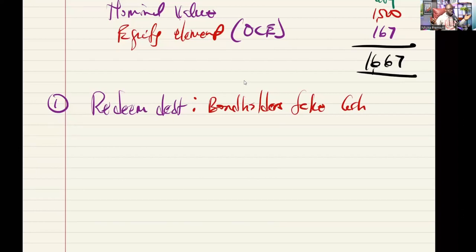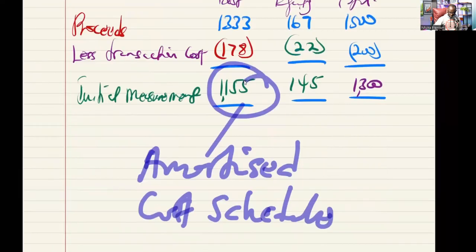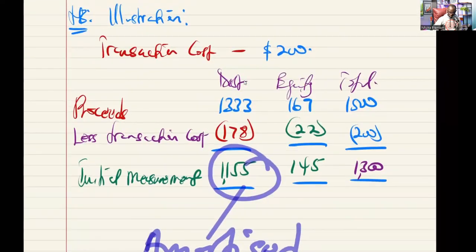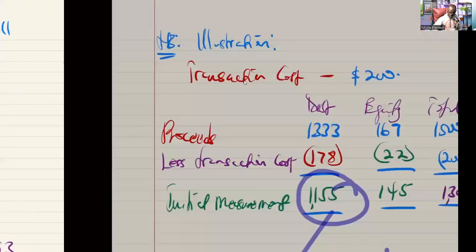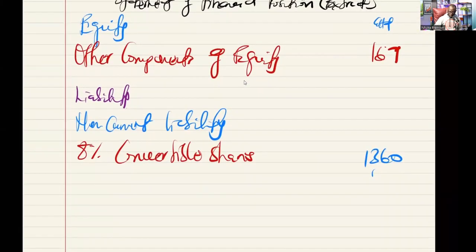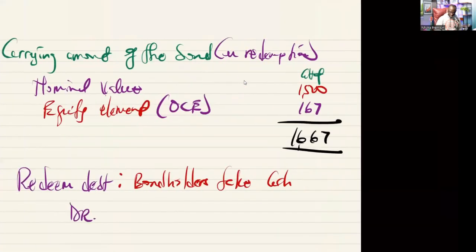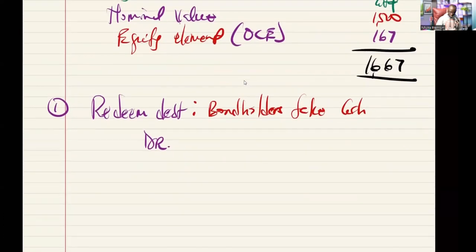We have to de-recognize the loan notes. So all we would do is to debit, on the face of the financial position we extracted here, the 8% convertible loan notes. By the time we convert it, we'll get our money, 1,500. So we just debit the 8% convertible loan notes to de-recognize it.